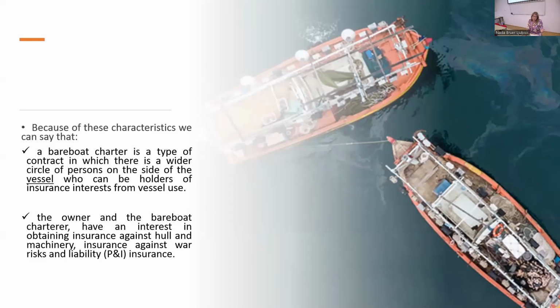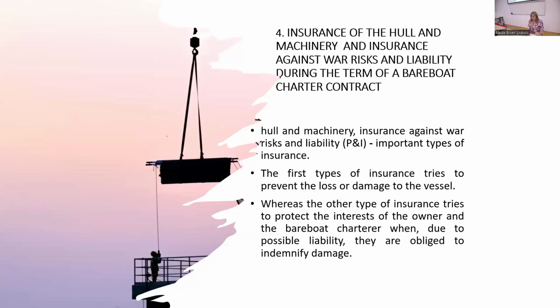So the owner and the bareboat charterer definitely have an interest in obtaining insurance against hull and machinery risks, insurance against war risks, and protection and indemnity insurance. These types of insurance are particularly important from the side of the bareboat charter contract.